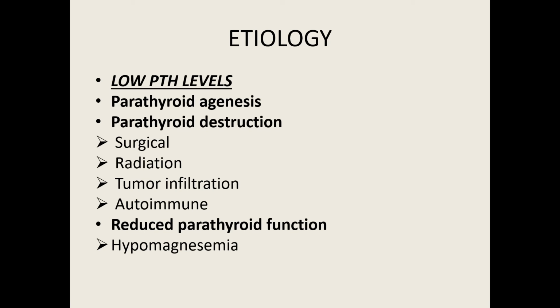Etiology, like in hypercalcemia, we divide. Low parathyroid level causes are like parathyroid agenesis, parathyroid destruction by surgery, radiation, tumor infiltration, or autoimmune causes, or reduced parathyroid function as in hypomagnesemia.